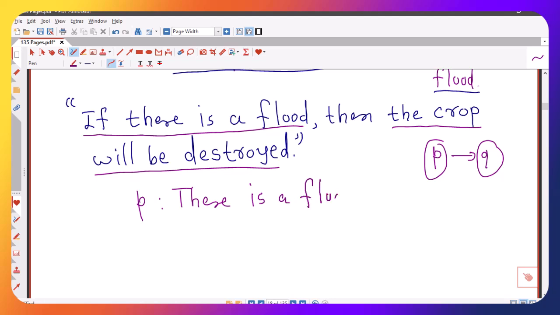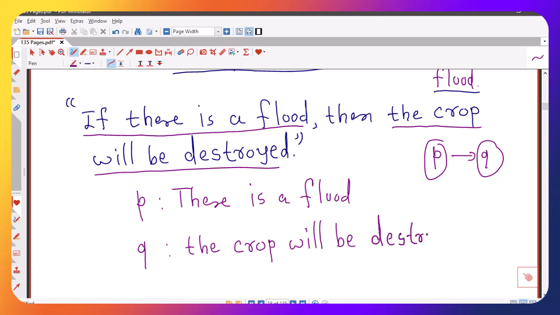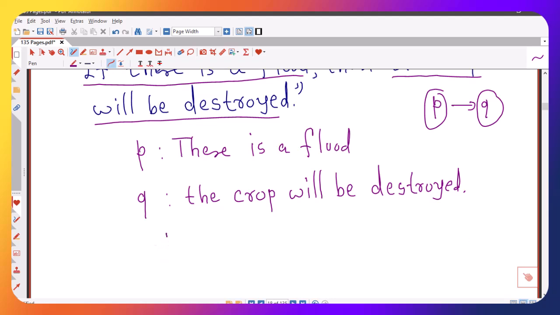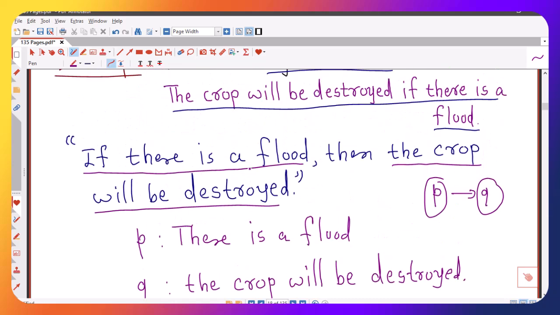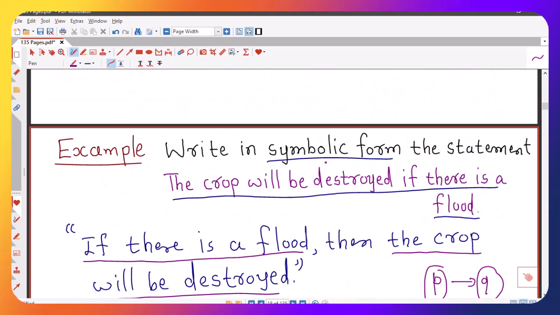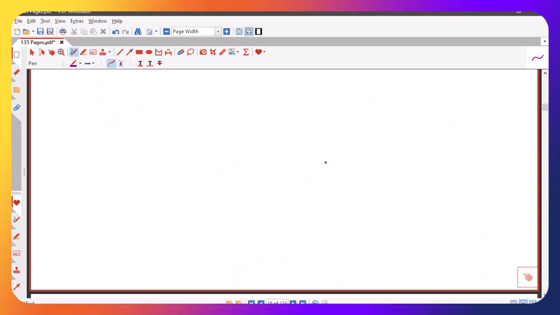We denote this statement by P, and Q is: the crop will be destroyed. Therefore the given statement in symbolic form is this implication, P implies Q. In this way we can translate English sentences into symbolic form.